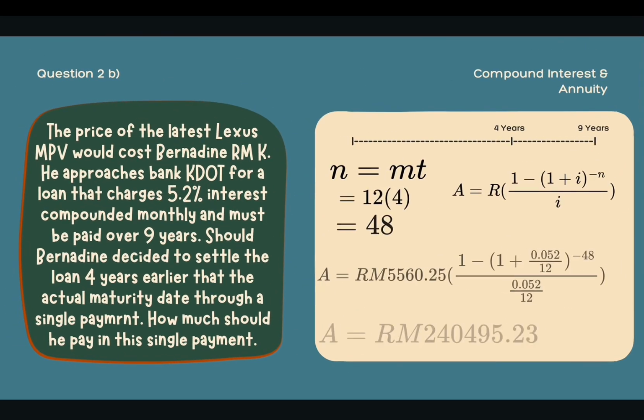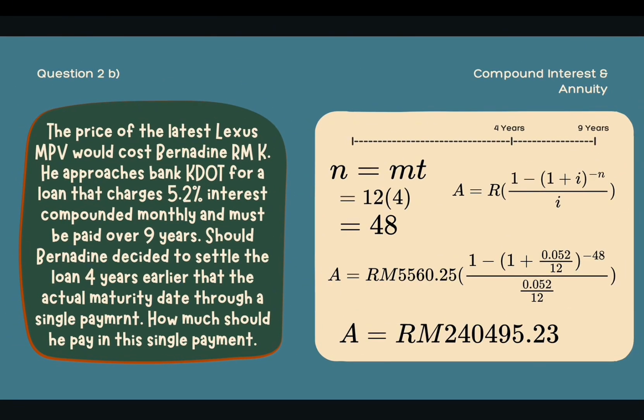For question 2B, Bernardine decided to settle the loan 4 years earlier than the actual maturity date through a single payment. How much should he pay in this single payment? The total time is 9 years, but Bernardine paid 4 years earlier.